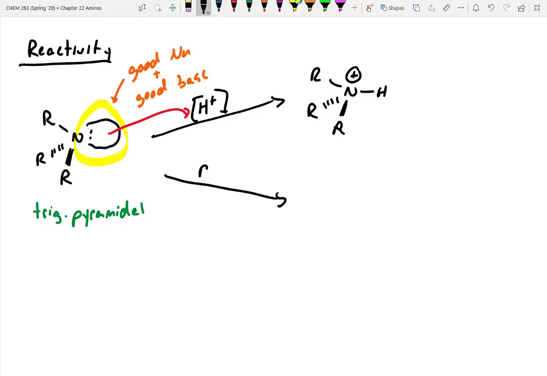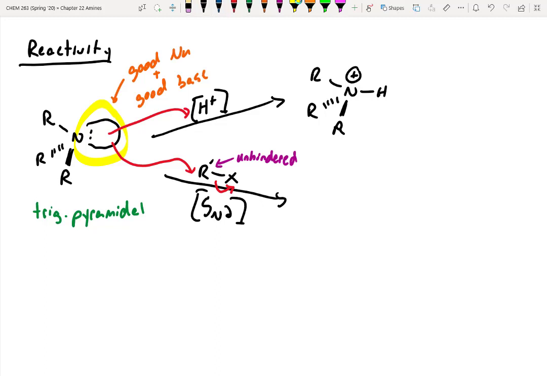Additionally, we can do SN2 chemistry as long as this R group right here is unhindered. If it's an unhindered R group, meaning like a methyl or primary carbon, then we can do this SN2 reaction where we do the backside attack on this unhindered carbon, and we kick off our leaving group.